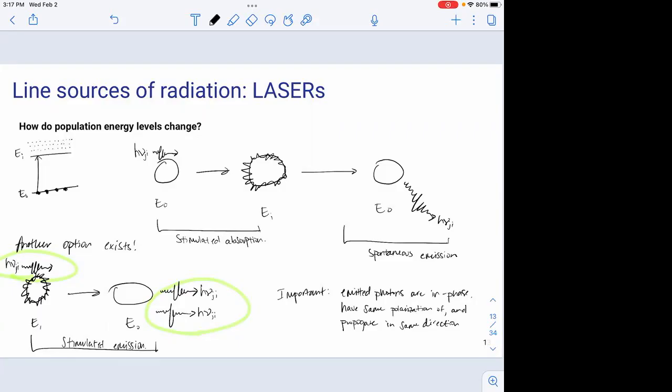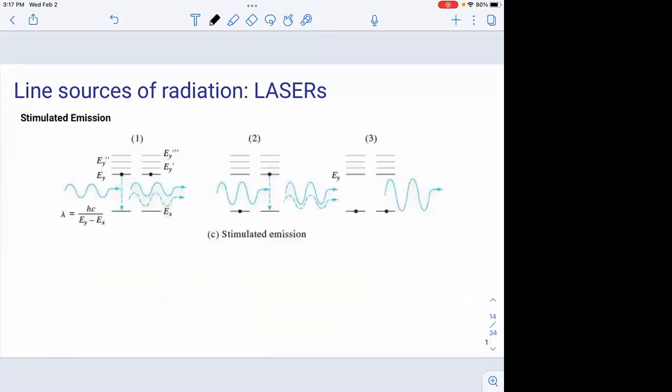All right, so an example of what I just drew is here. This is from Principles of Instrumental Analysis. You're starting out with a molecule or atom in that excited state.